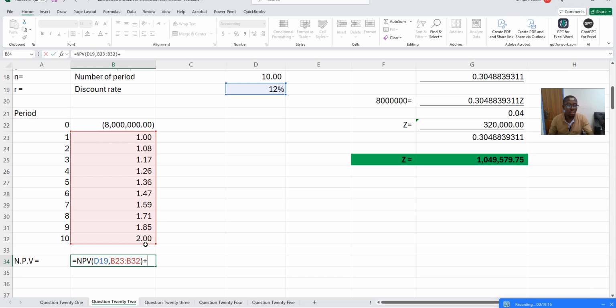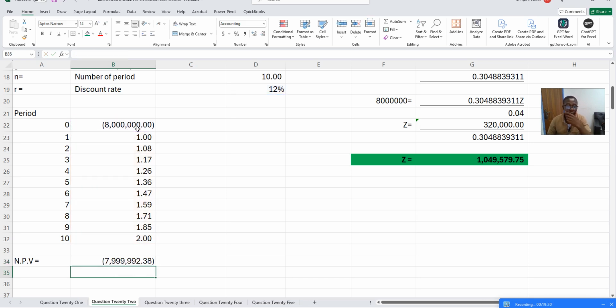We less our initial investment, 8 million. So this is what you're having as our NPV. So we want to determine what is the minimum value that I'll have to invest to give us NPV to be 0. Because at this point, the minimum investment is always an investment whereby you won't incur any loss or you won't gain any profit. It is a point whereby your net present value is 0.